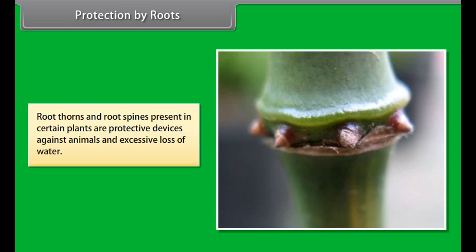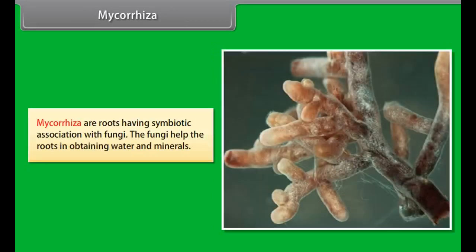Protection by roots. Root thorns and root spines present in certain plants are protective devices against animals and excessive loss of water. Mycorrhiza. Mycorrhiza are roots having symbiotic association with fungi. The fungi help the roots in obtaining water and minerals.